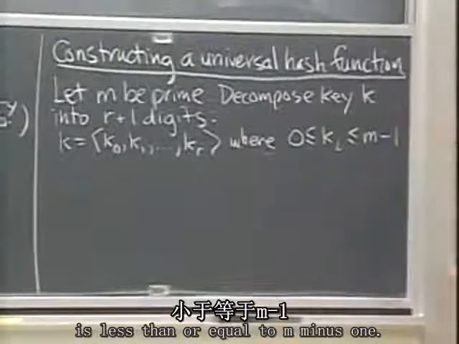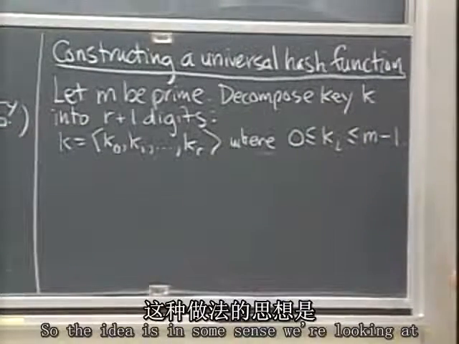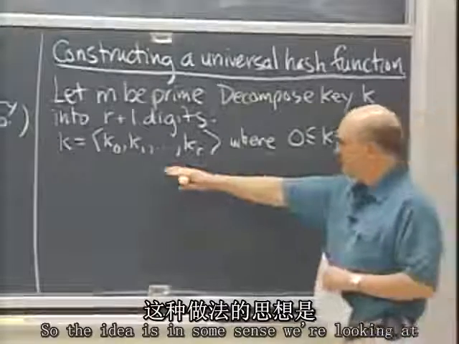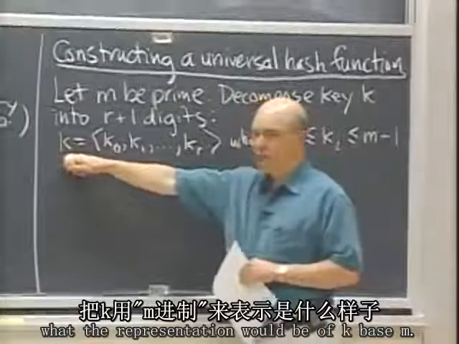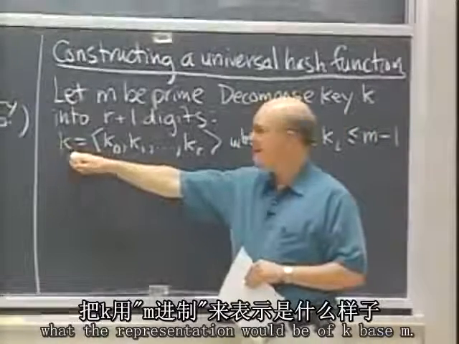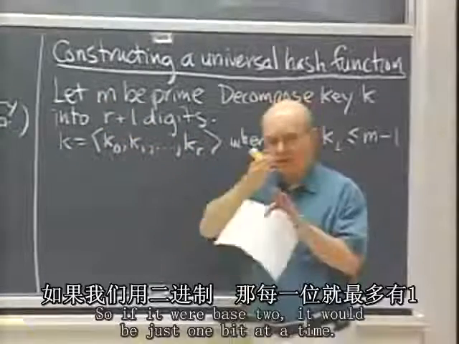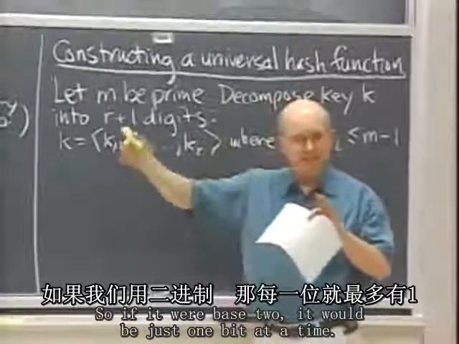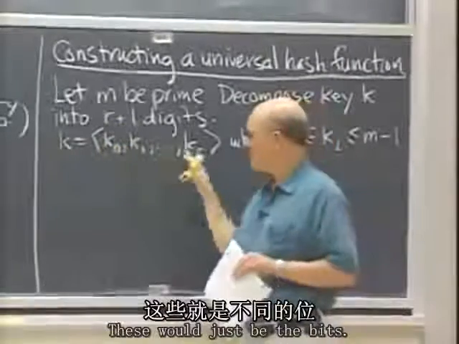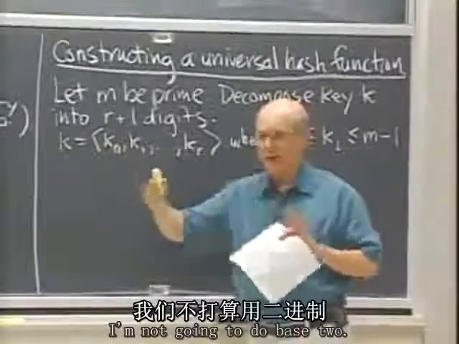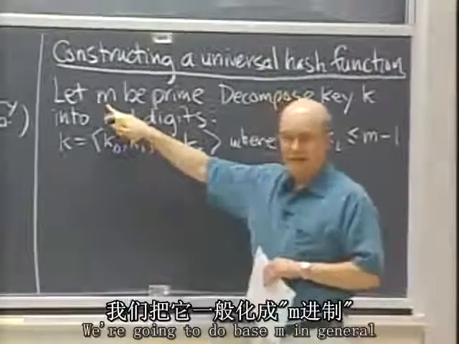So the idea is, in some sense, we're looking at what the representation would be of k base m. If it were base 2, it would be just one bit at a time; these would just be the bits. We're not going to do base 2, we're going to do base m in general.